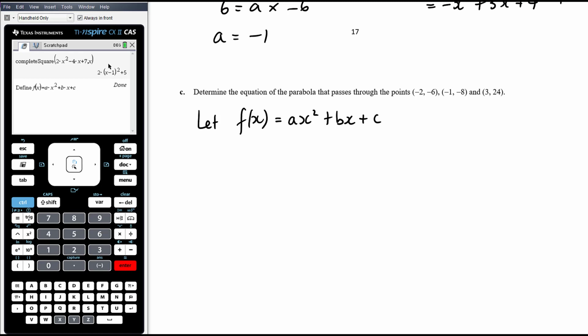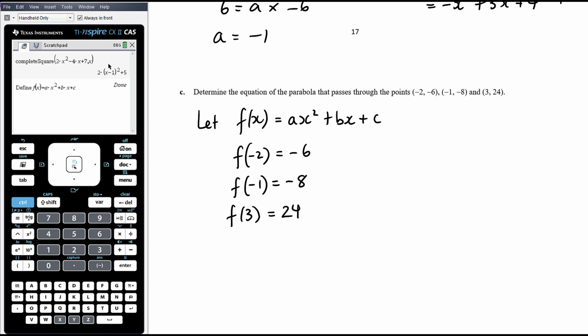So we know when x equals -2, y is equal to -6. f of -2, subbing -2 in place of x, will make the function equal -6. f of -1 will make the function equal -8. f of 3 will make the function equal 24.